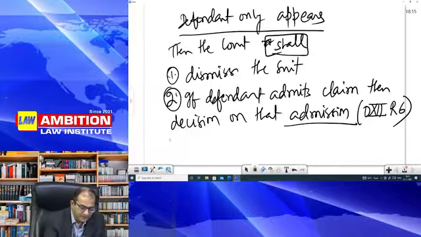All right. Number 3, where part only has been admitted, the court shall dismiss the suit so far as it relates to the remainder.